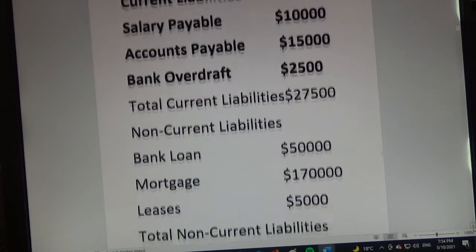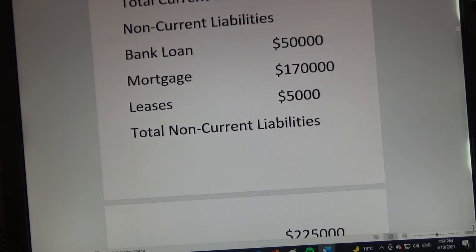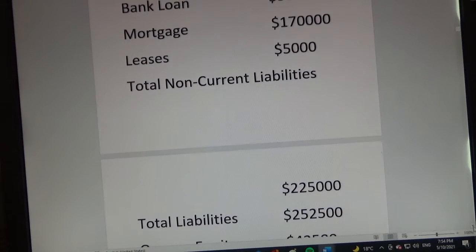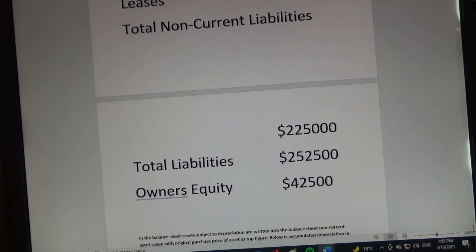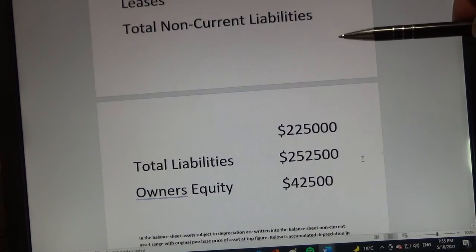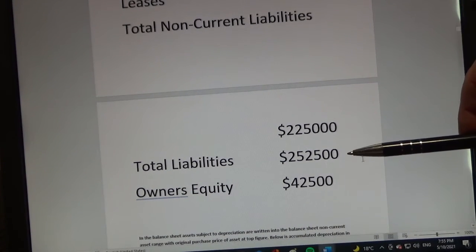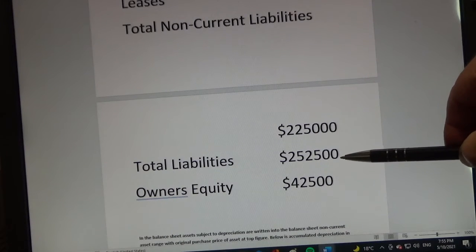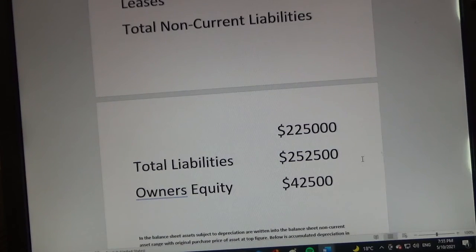Next, you list non-current liabilities, your long-term loans such as bank loan, mortgage, leases. You find a figure for total non-current liabilities, $225,000. Then you add up both your total current liabilities plus your non-current liabilities to get that figure, okay?